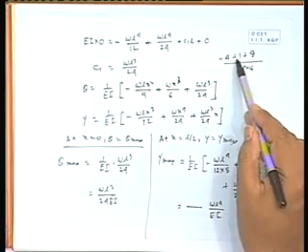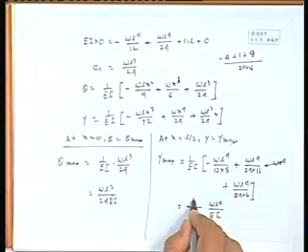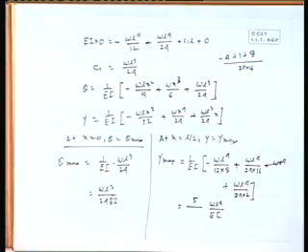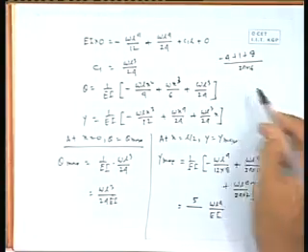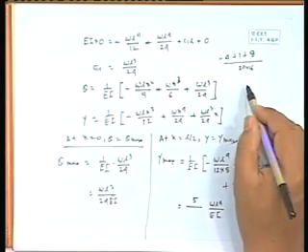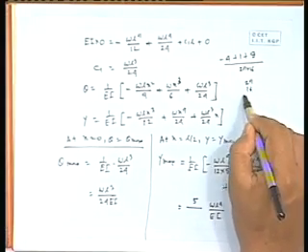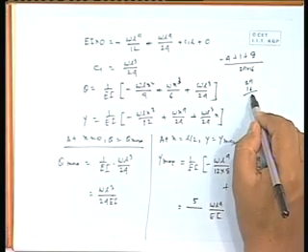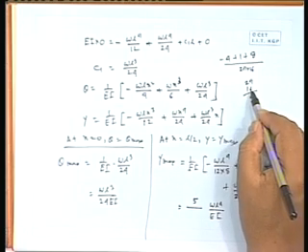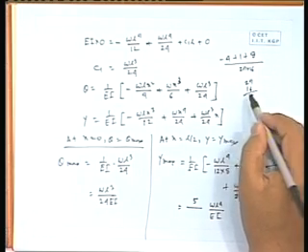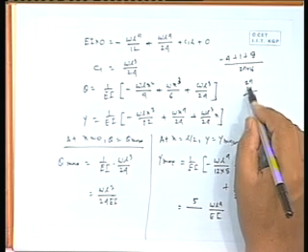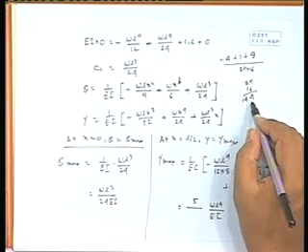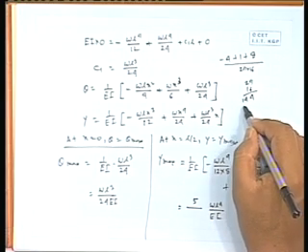So, it will be 8 plus 1, 9, 9 minus 4, it will be 5, and 24 into 16, if you calculate, 4 into 6, 24, it will be 384, I think it will be 384.